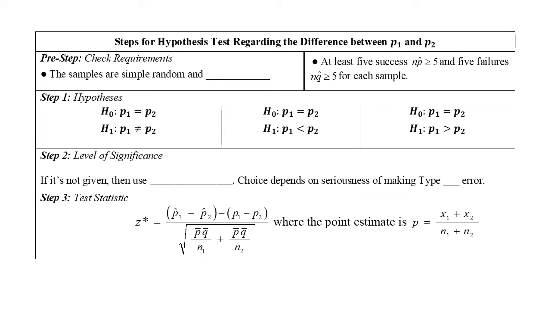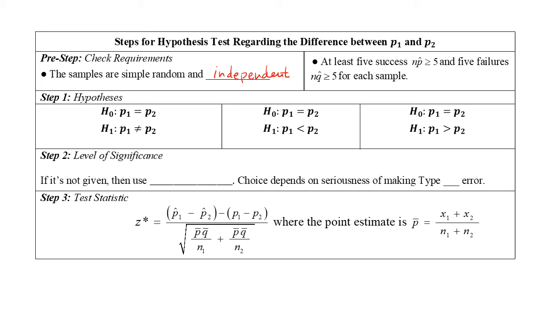To walk through the setup here, the first requirement is that the samples are simple, random, and independent. We have at least 5 successes and 5 failures for each sample.